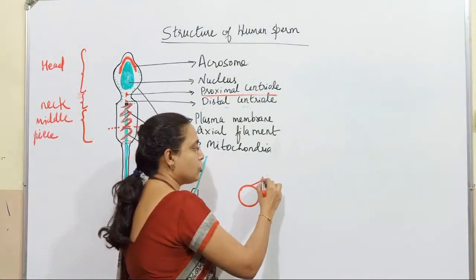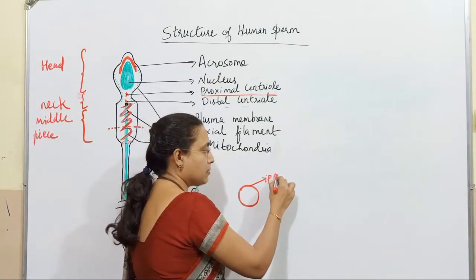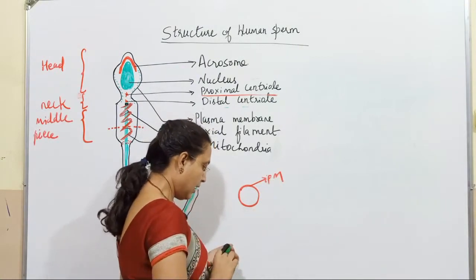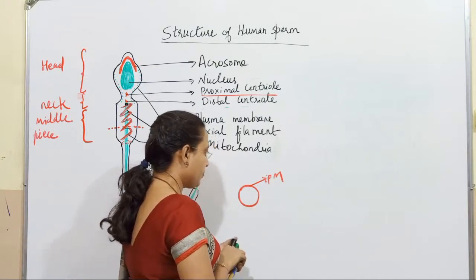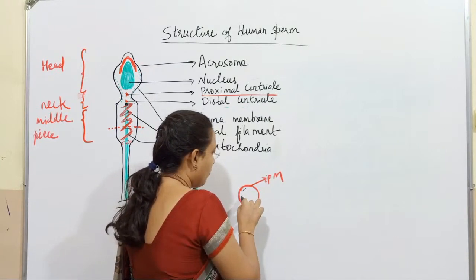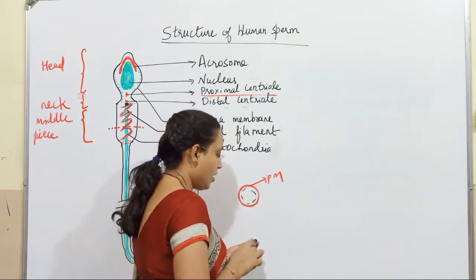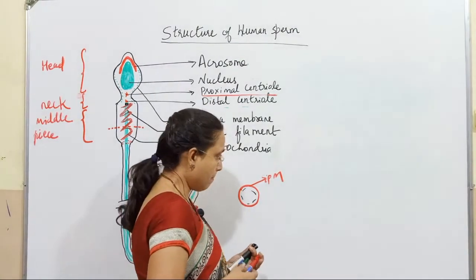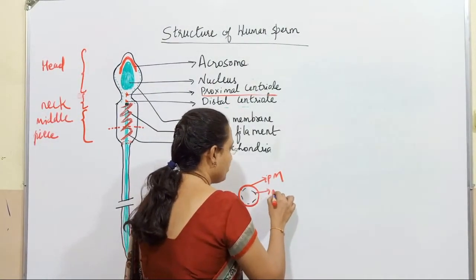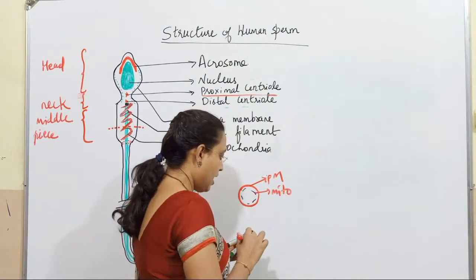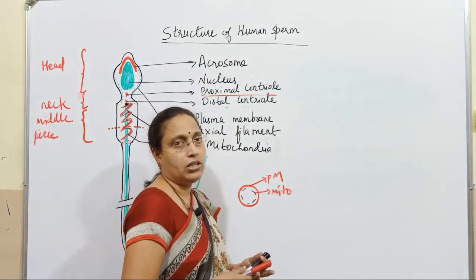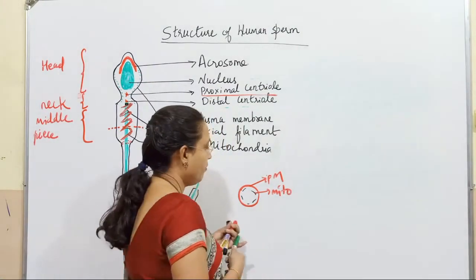Of course, as usual, the outer part will be plasma membrane and the inner layer will be the covering of mitochondria, and in the center will be the axial filament.